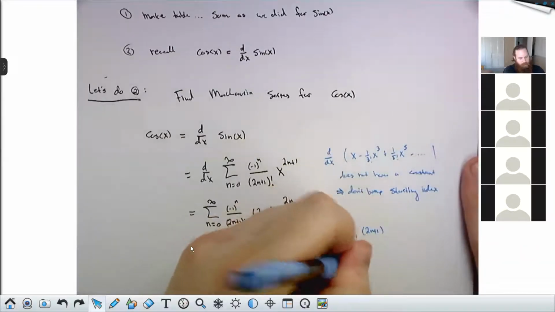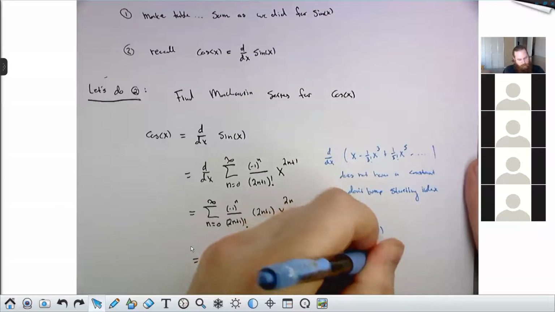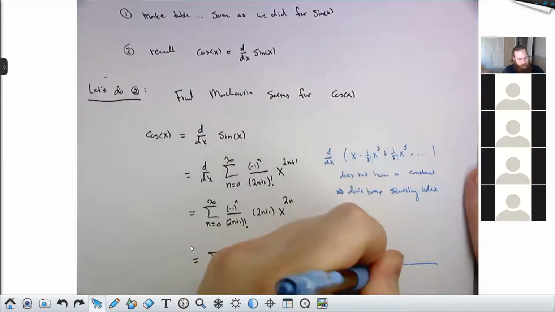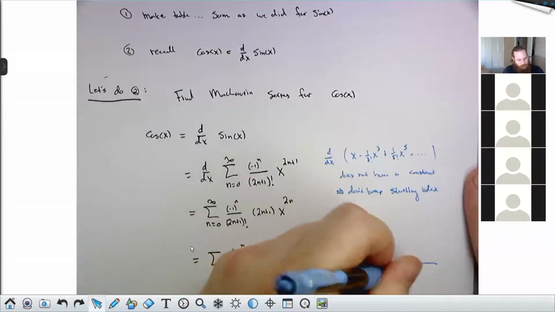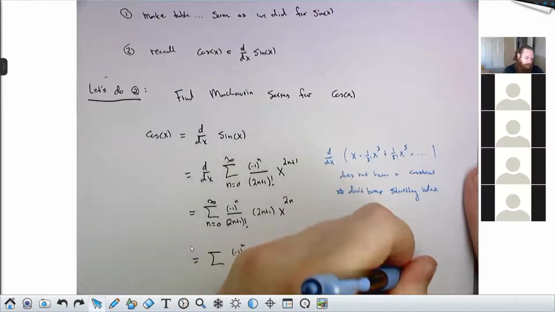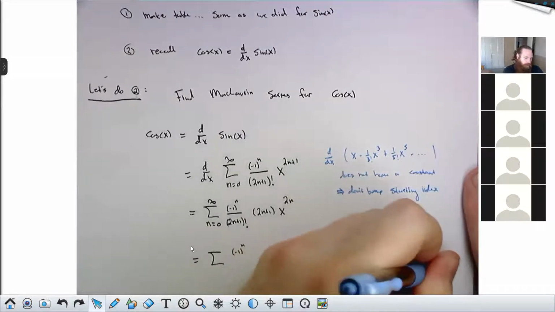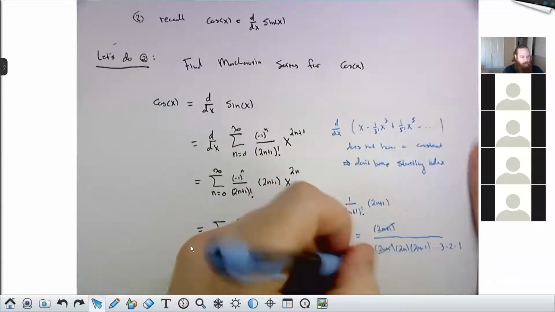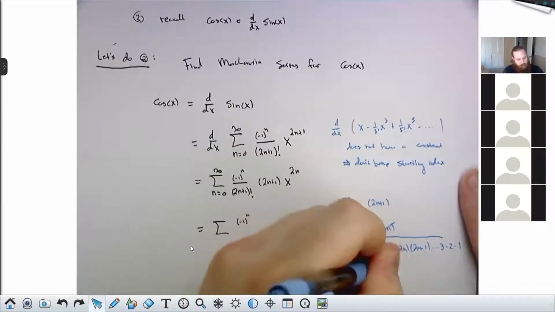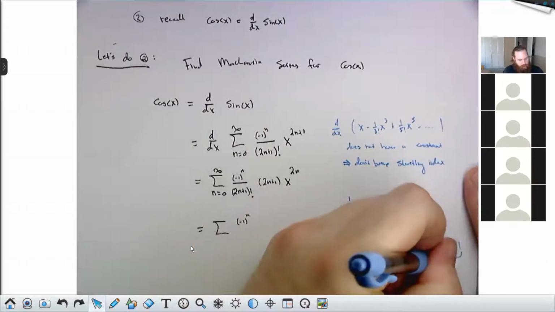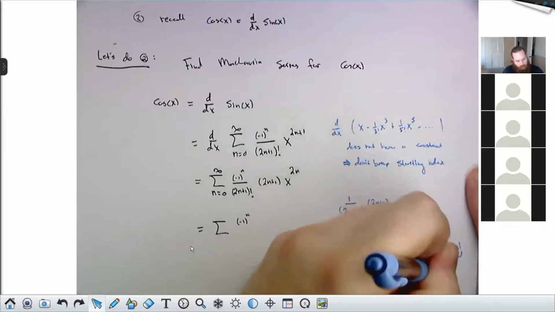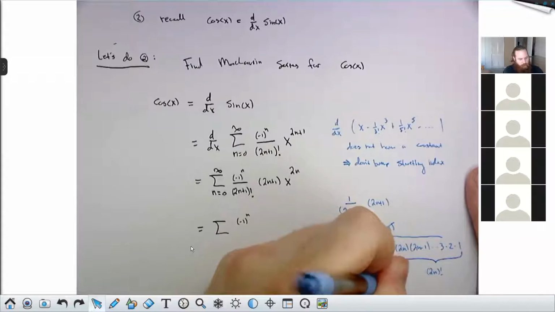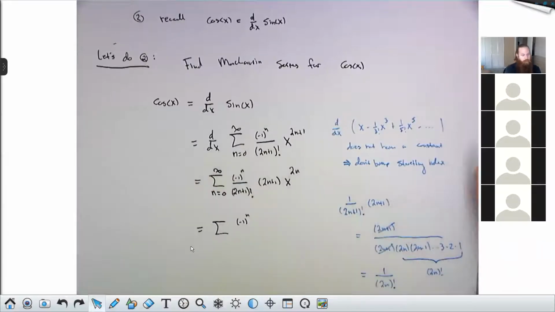Well, that's the same as 2n plus 1 over 2n plus 1 times 2n times 2n minus 1 all the way down to 3 times 2 times 1. You can cancel the 2n plus 1s, and what's left is just this. But that's 2n factorial. So this whole thing is 1 over 2n factorial.